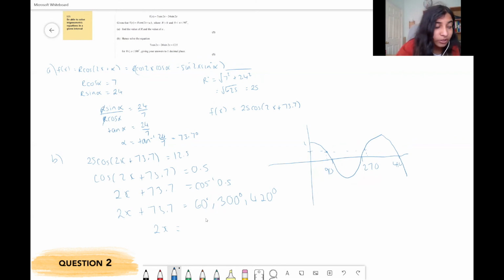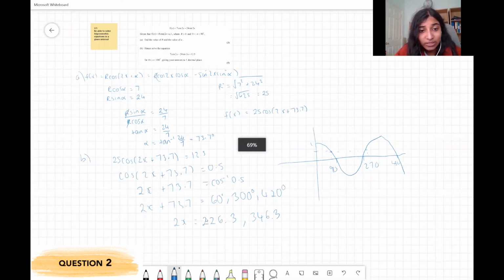So now if we do 300 minus 73.7, we get 226.3 as one solution. We'll also get 420 minus 73.7, which is another solution, 346.3.